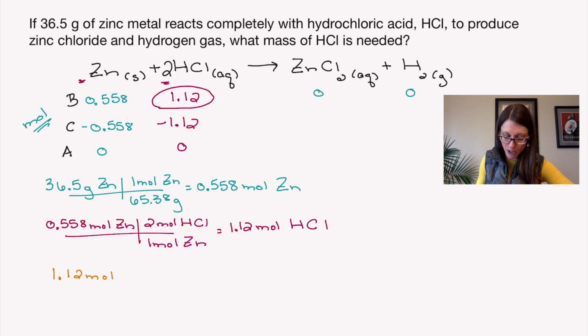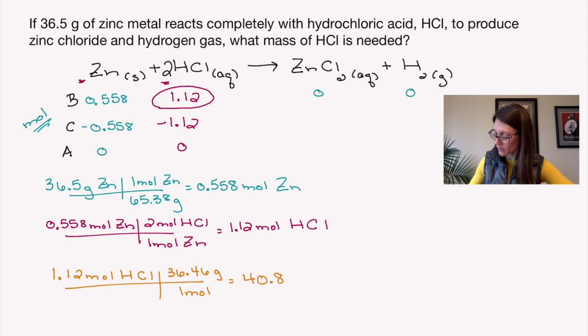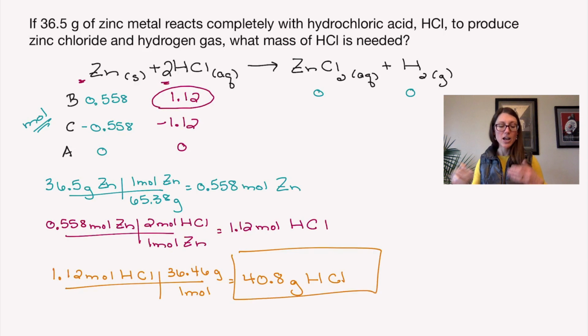I will use the molar mass of HCl, which is 36.46 grams per mole, to do this conversion. And I find that I need 40.8 grams of hydrochloric acid to react fully with this amount of zinc.